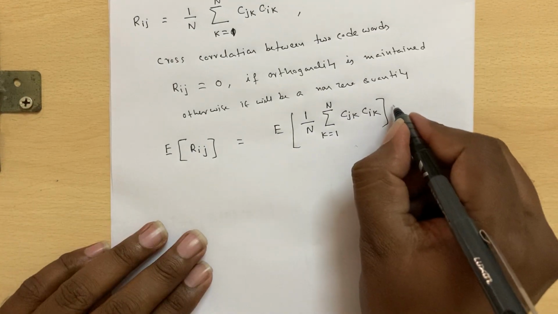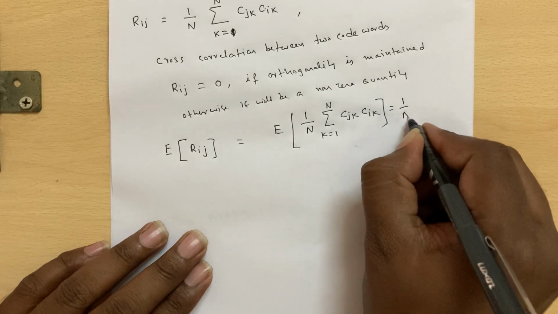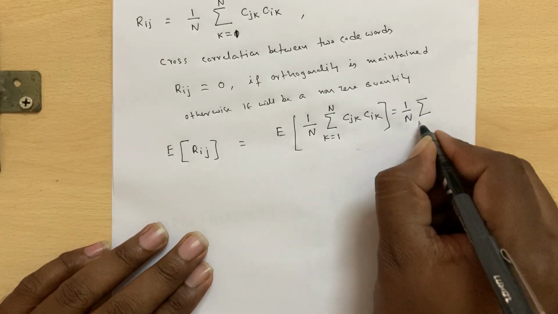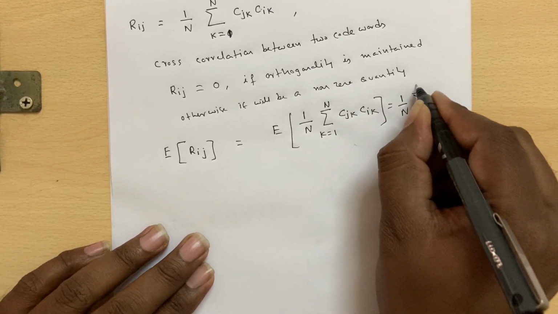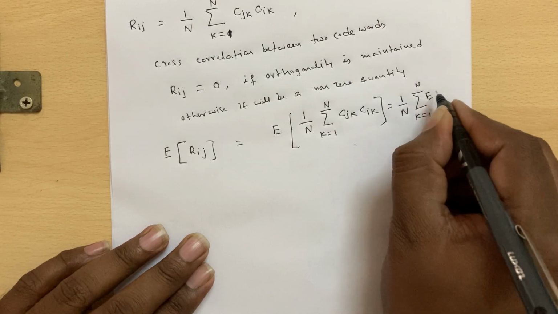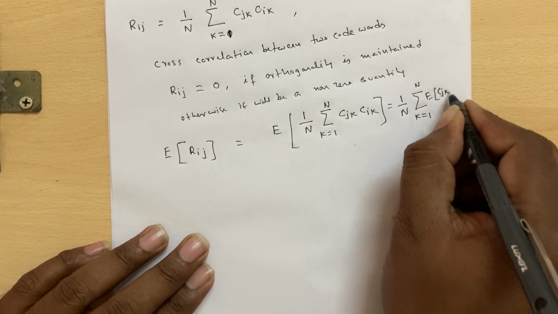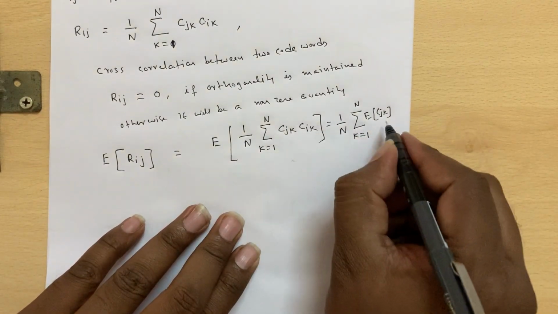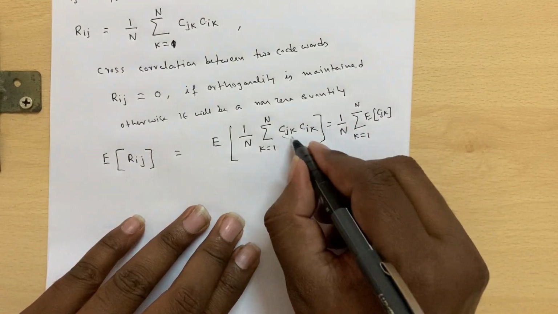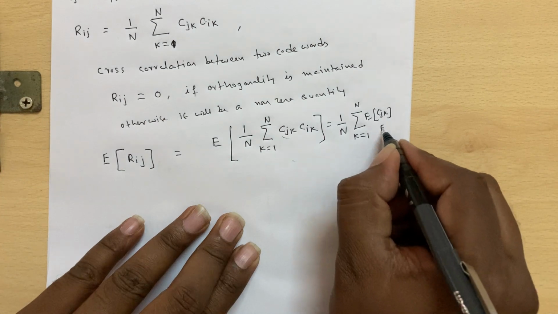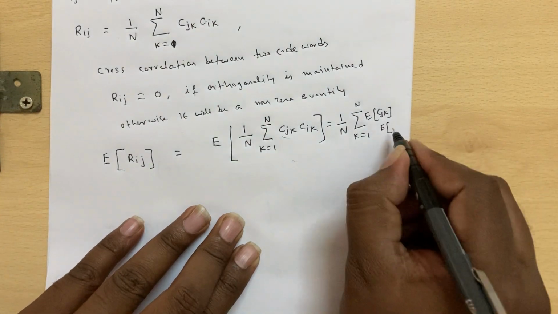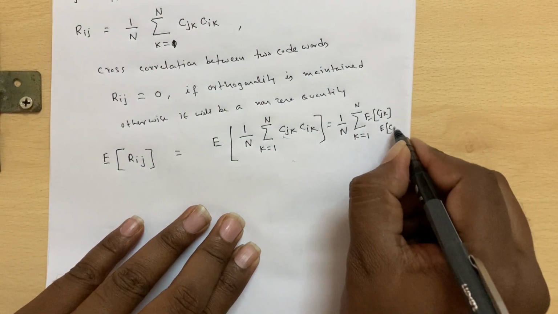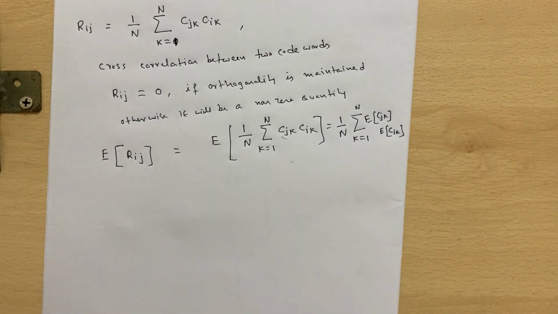This is equal to 1 by n, k is equal to 1 to n, and expectation of Cjk. These two are at least uncorrelated, so the expectation of the product will be equal to the product of the individual expectations.